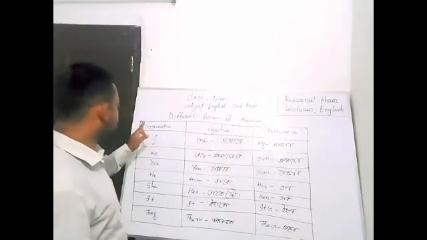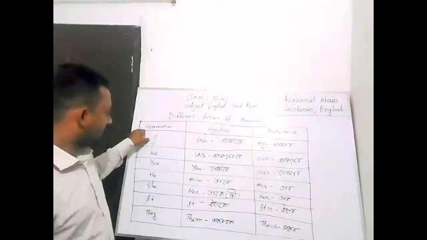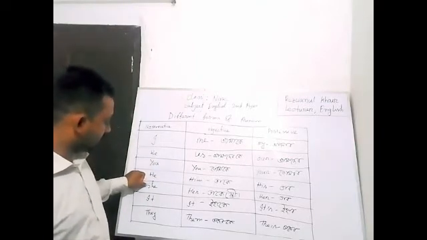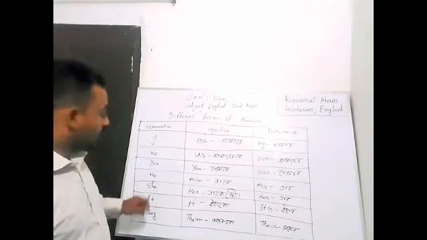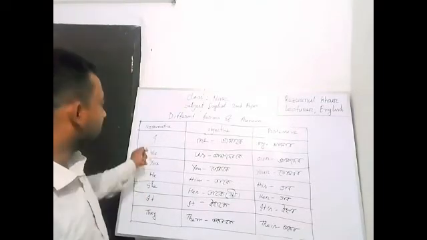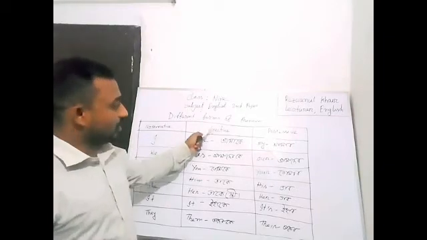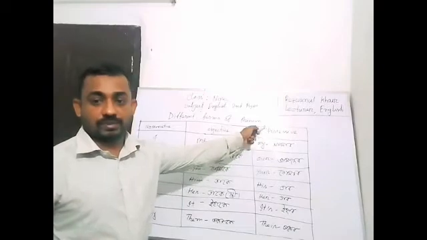I have made these personal pronouns: I, we, you, he, she, it and they. All of these are personal pronouns, and they are changed into nominative, objective and possessive.